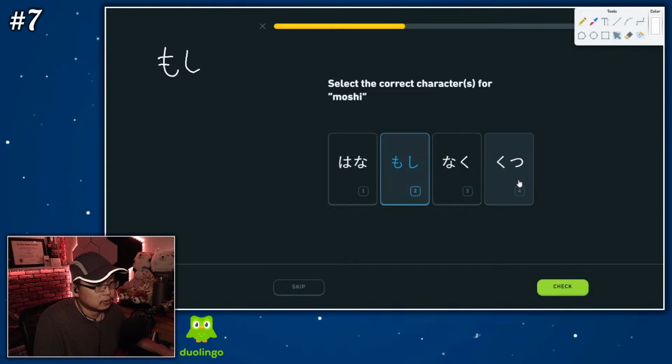Haku. Hey, Haku. Kuchi. I mean, not Kuchi. Kuchu. Kutsu.